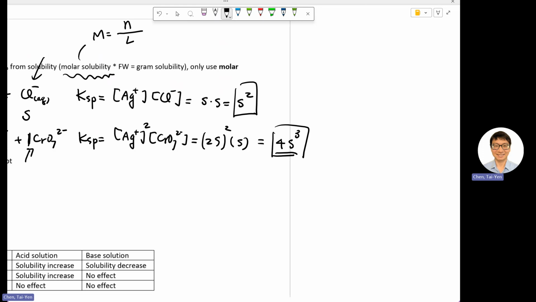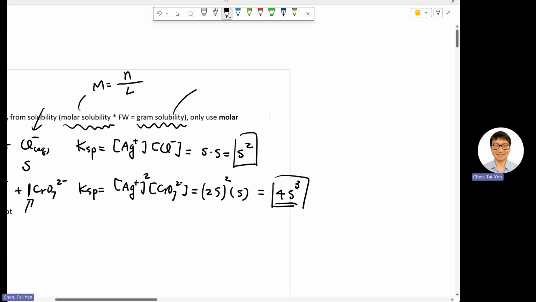Very often on midterms, they give you a term called gram solubility, typically in grams per milliliter. Many students use that term for the calculations, and therefore they never get the correct answer. You must use the molar solubility for all these calculations.